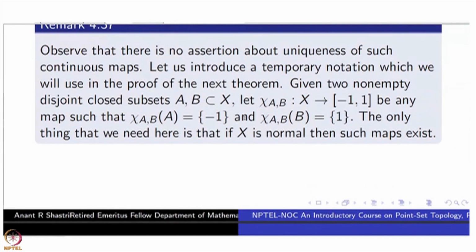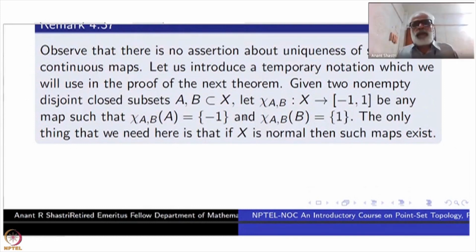Okay. So, one very specific special function I want to have, and I am going to use that. So I am going to introduce a notation here. Temporary notation, like in measure theory, you have the characteristic function. Let us introduce a temporary notation which we will use in the proof of the next theorem that we are coming to.